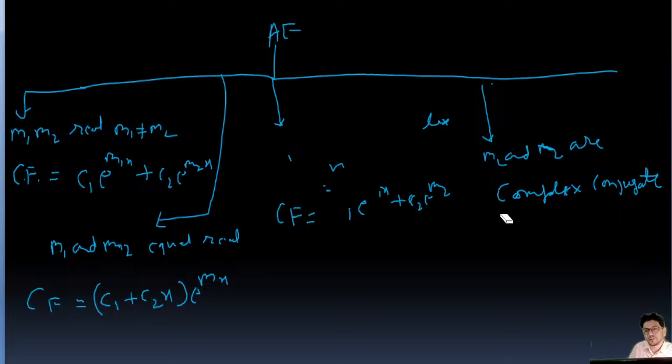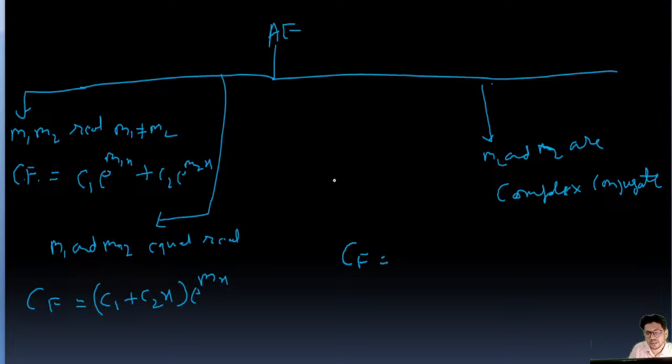Next, m1 and m2 are complex conjugates, of the form alpha plus minus i beta. So how are we going to write this solution?